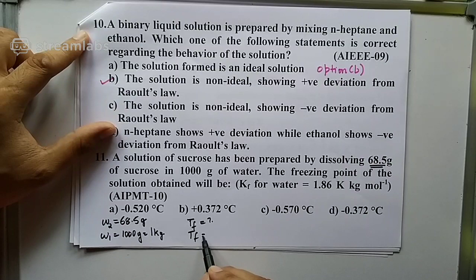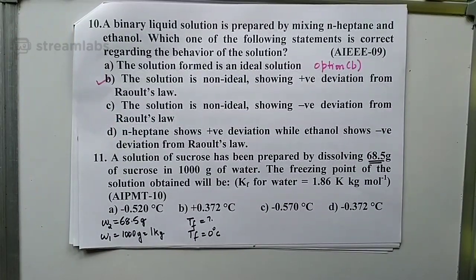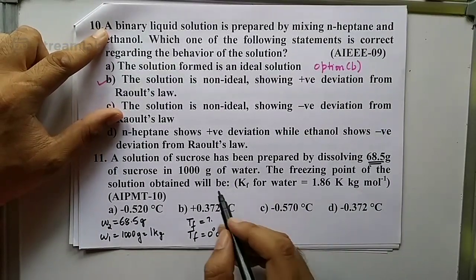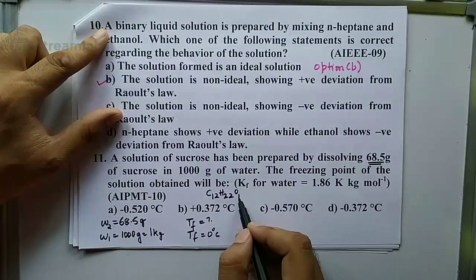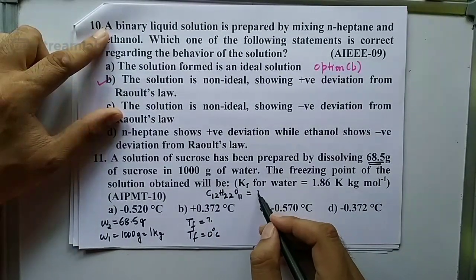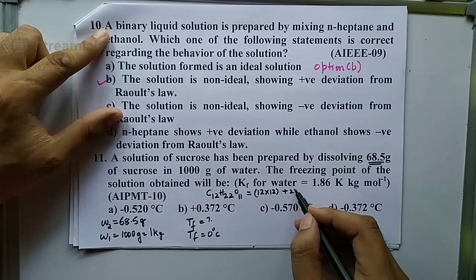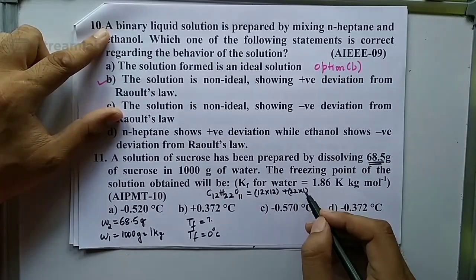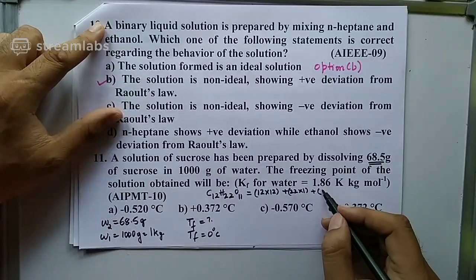We know that Tf naught is equal to 0 degrees Celsius. Now students, first we should know the formula of sucrose. Formula of sucrose is C12H22O11. This should be equal to 12 into 12, that is 144, plus 22 into 1, plus 11 oxygen atoms are present.